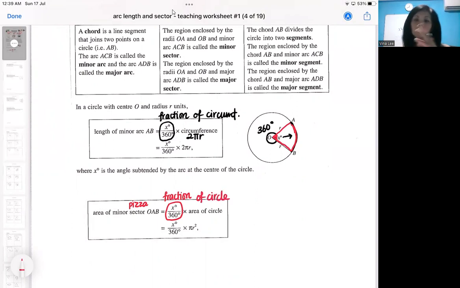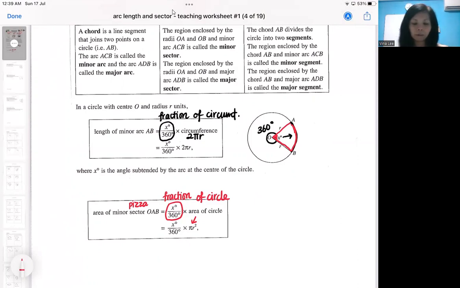Again, the fraction is based on 360 because the total angle is 360. And from primary school, we know that the area is pi r squared. So your thinking should always be fraction of a circumference, fraction of a circle. And the fraction is reliant on the angle that creates that arc length or that pizza.